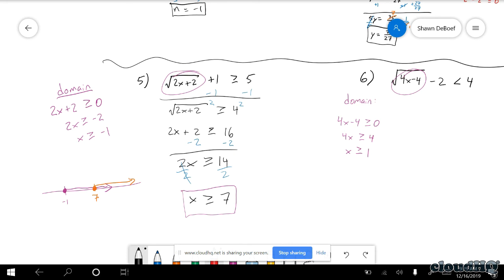Okay, now let's go ahead and try and solve the problem. I'm ready to square both sides. So 4x minus 4 has to be less than 36. Add 4.